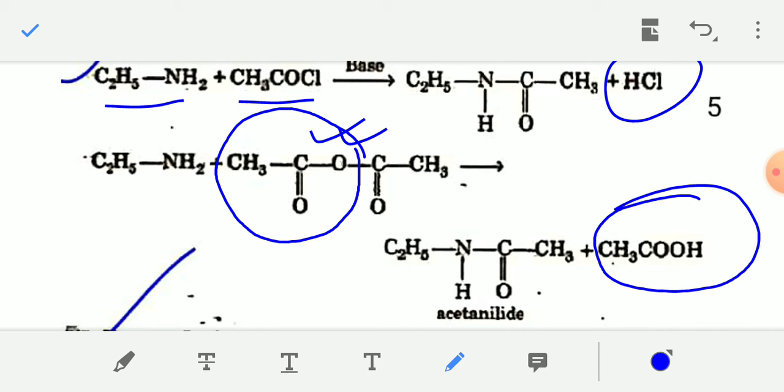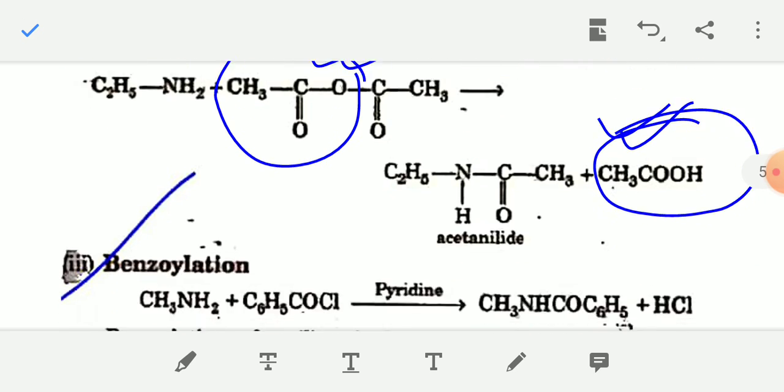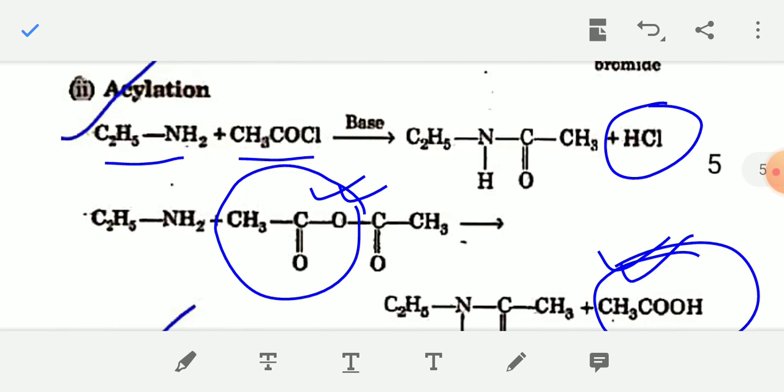Join this one H from amine and the CH3COO minus acetate ion from acetic anhydride, and remove them as acetic acid, and join the remaining part, that is C2H5NHCOCH3. It will be acetanilide. So by acylation reaction, amine is converted into amide.